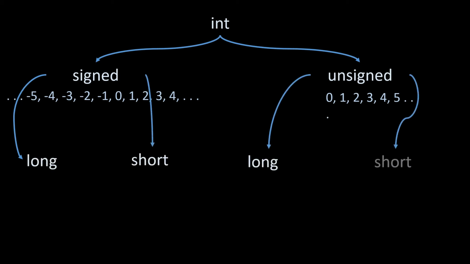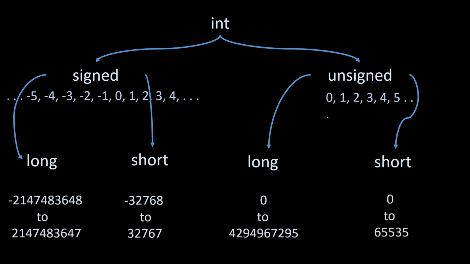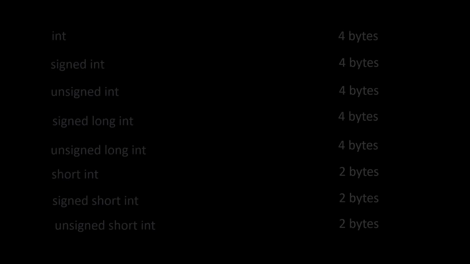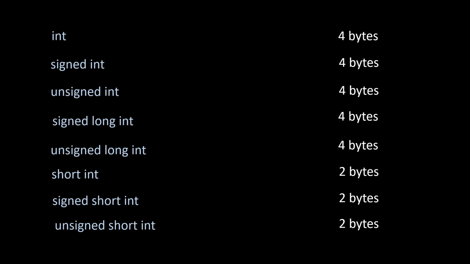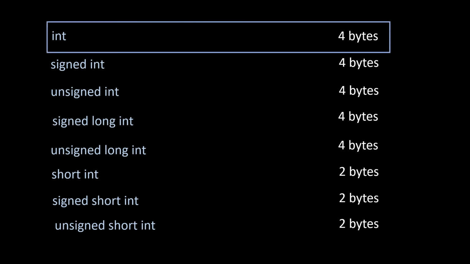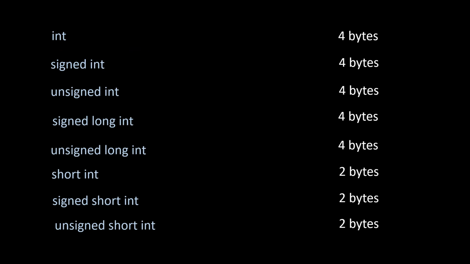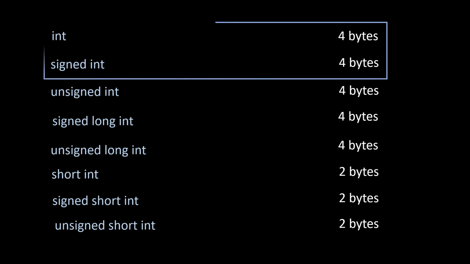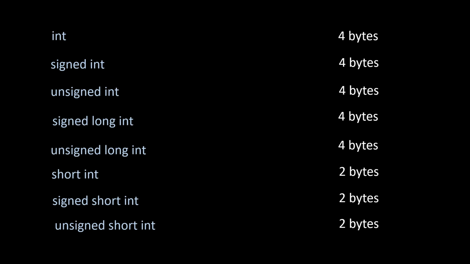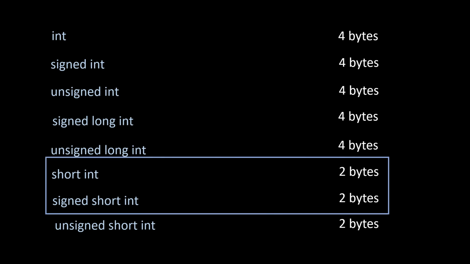All of these types have their range of values that they can store, and out of this range, underflow or overflow can happen. Now we can tabulate all of these permutations as shown on your screen. Here, integer takes 4 bytes and signed integer also takes 4 bytes. Actually, signed integers and integers are just the same thing, and this is the same case with short integers and signed short integers.